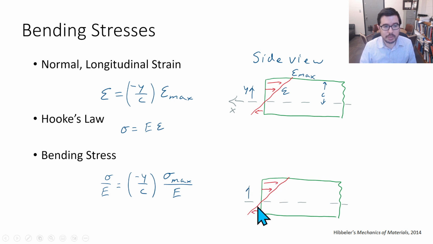we can draw the same exact one, except now we're replacing epsilon, the strain, with sigma. We have a sigma max at the surface, and we have a linear change, or a slope, reflecting the bending stresses within the material.